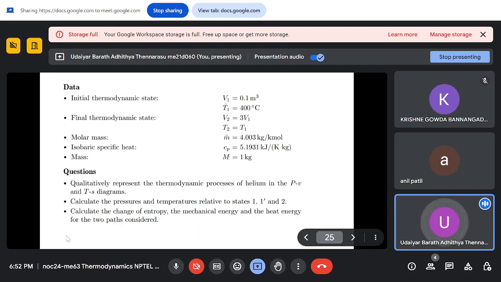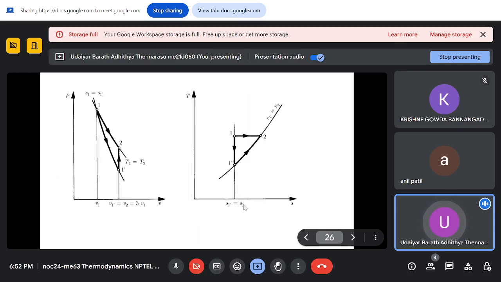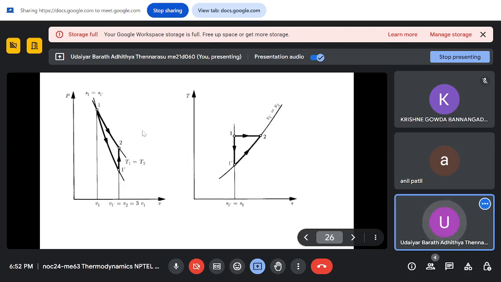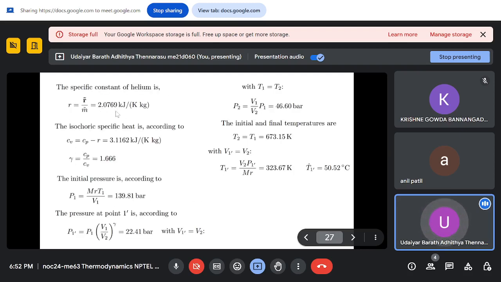The second part is to calculate the pressure and temperature related to all the points. So for helium, you first find out the gas constant, which is 8.314 divided by your molecular weight. So it will come out to be 2.0769 kilojoule per kg Kelvin.